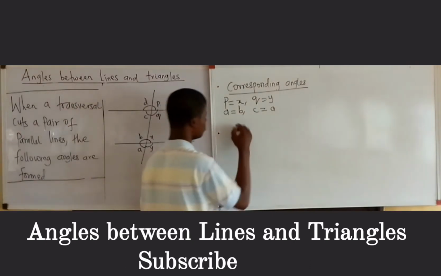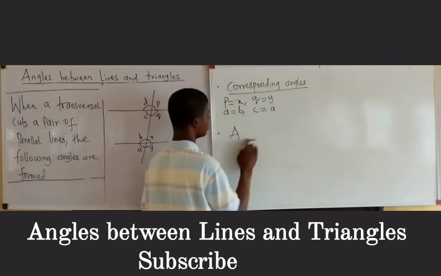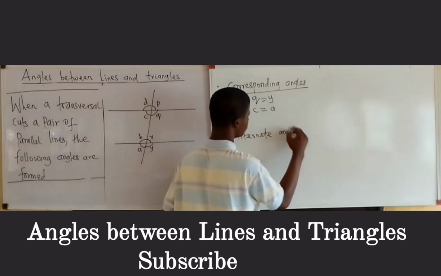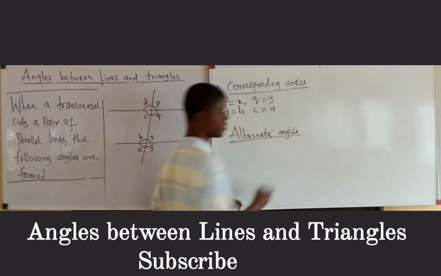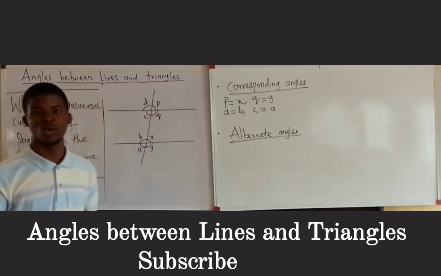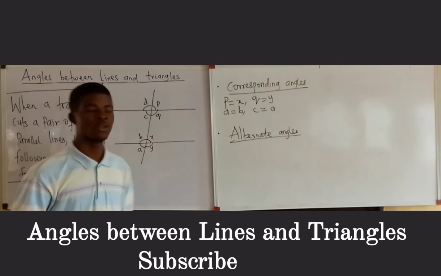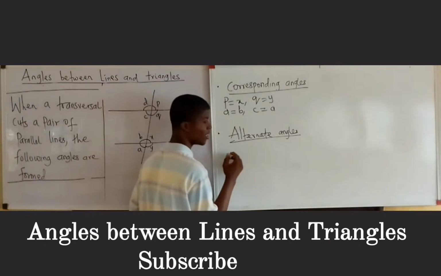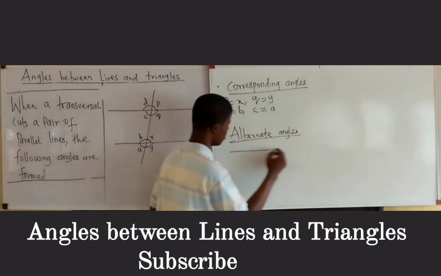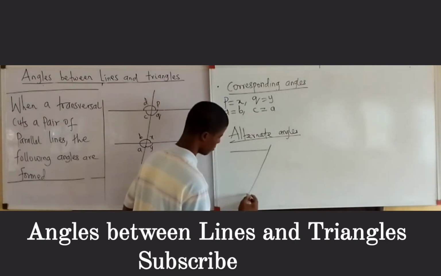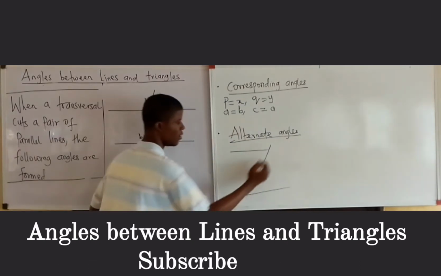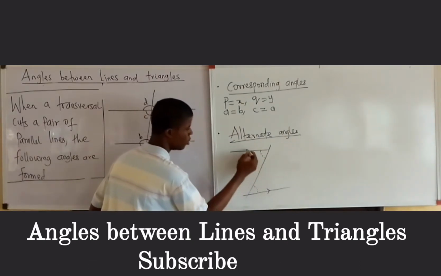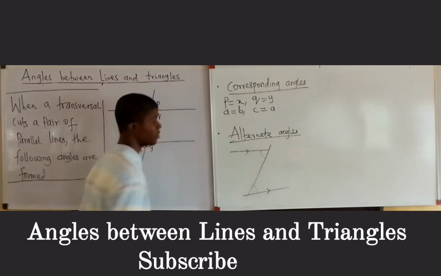So corresponding angles are equal. The next angle formed is the alternate angle. The rule states that alternate angles are equal. Look at C here. We also call alternate angles Z angles. So I have something like this. I form an angle here, and the angle is equal to the angle that is here, in as much as these two lines are parallel lines.